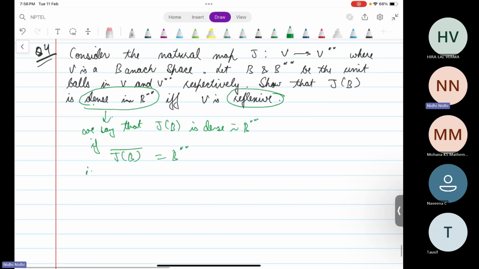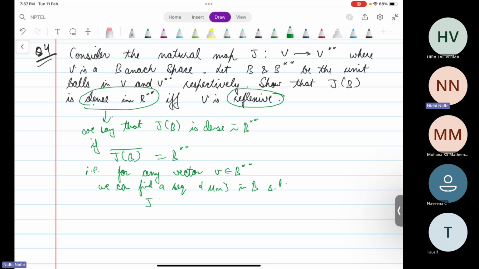That means for any vector V in B star star, I can find a sequence U_n in B such that J U_n converges to V in V star star.